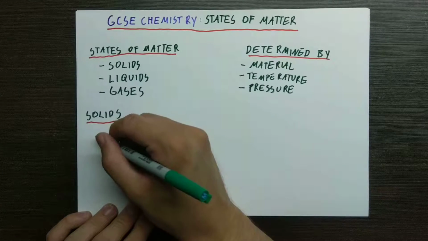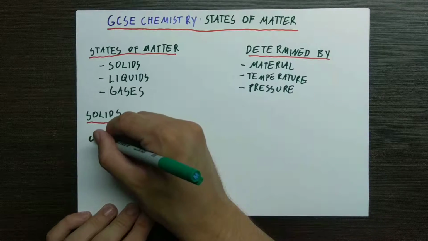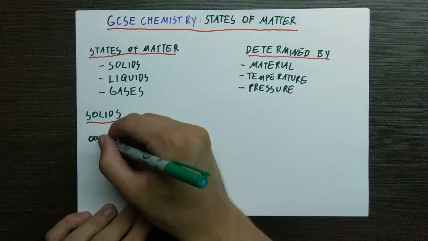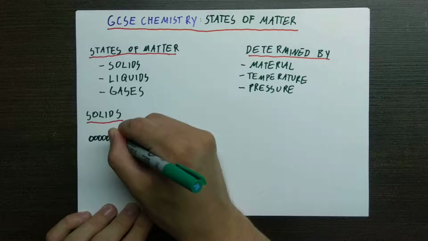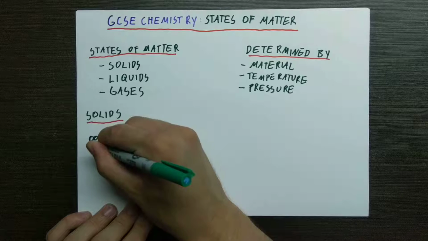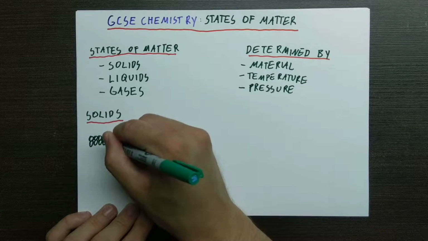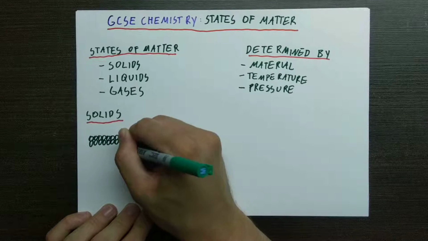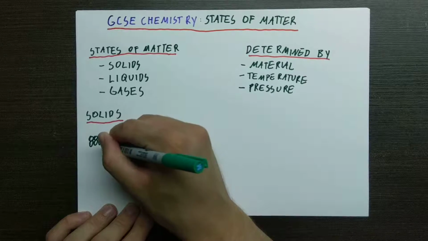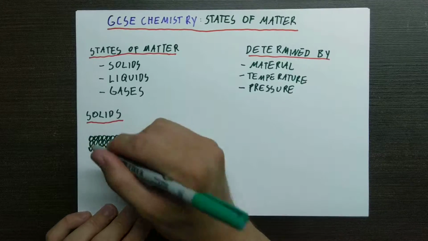So if we had a solid, then the molecules would be arranged somewhat like this. They would be arranged in neat rows, and they would be arranged in a fixed position.